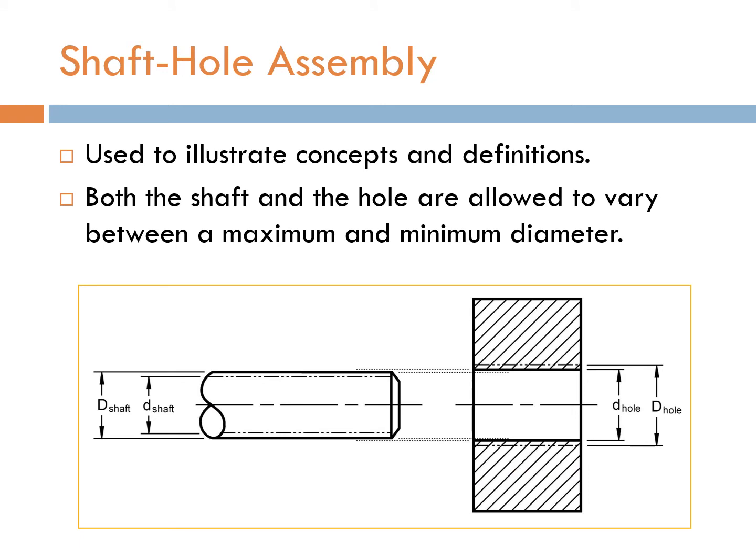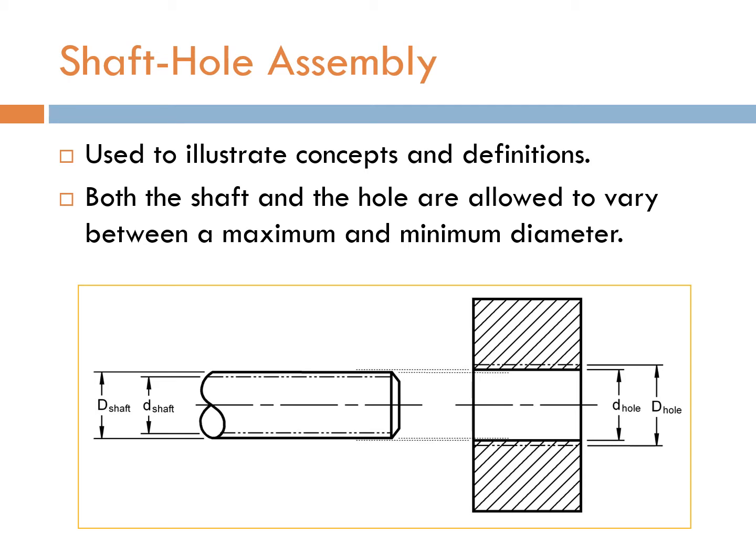Let's look at the shaft and hole assembly. This is the most common place that you have to think about the tolerance. The majority of the examples we're going to show you look at how a shaft and a hole are going to fit. If you look at the picture here, you notice that on the left the shaft has two different diameters, the big one and the smaller one.